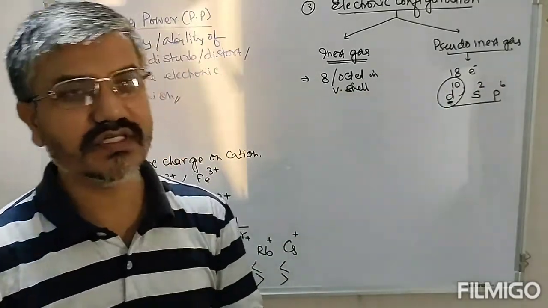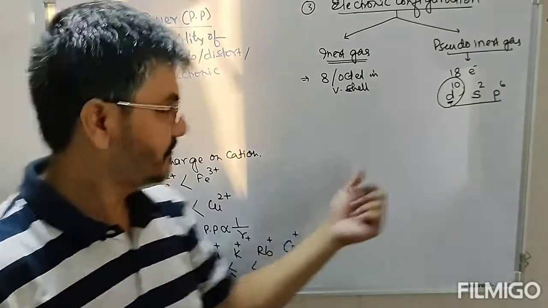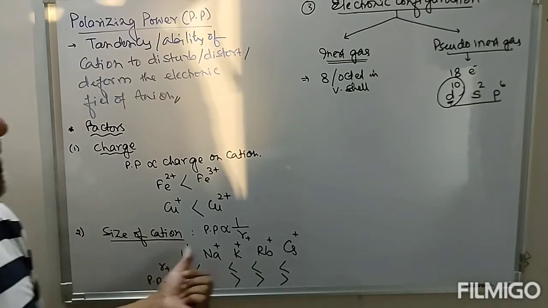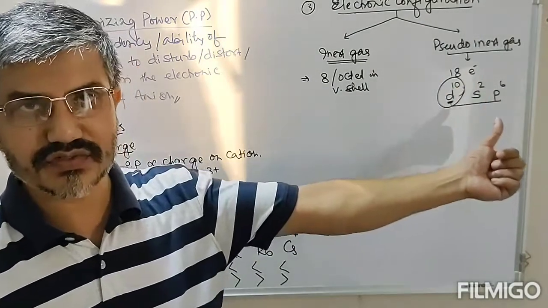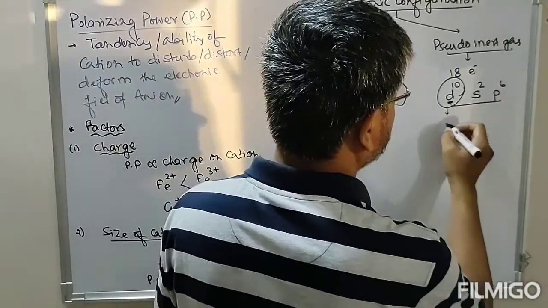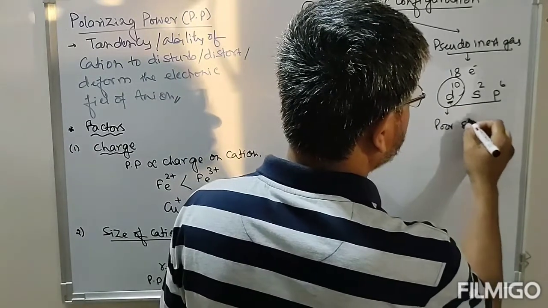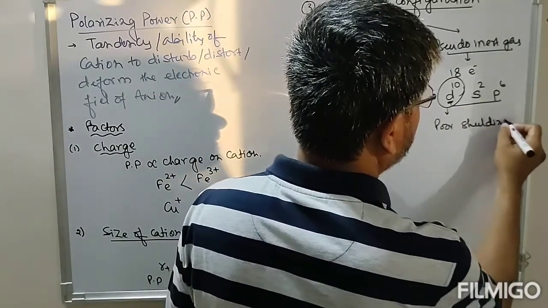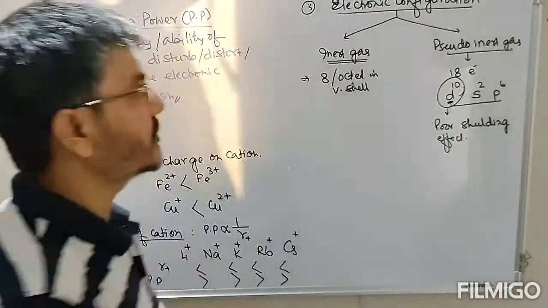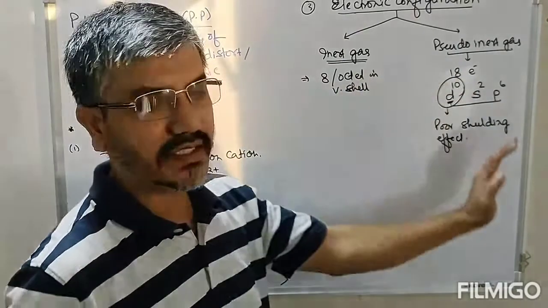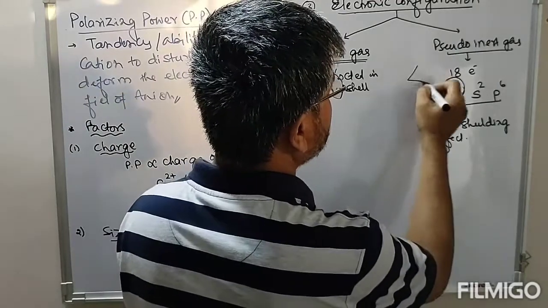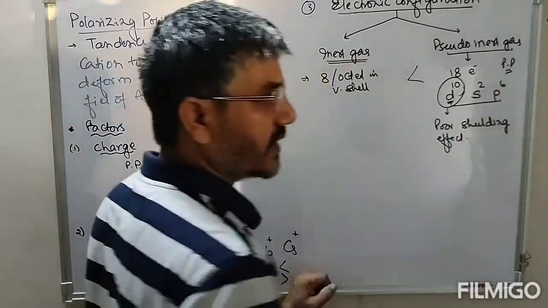Due to this contraction in size, those metal ions having pseudo inert gas configuration will have more polarizing power. So because of the poor shielding effect, metals with pseudo inert gas configuration will have more polarizing power. So this is the polarizing power of the cation.